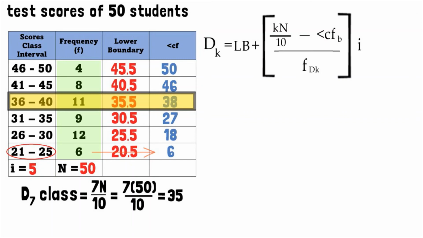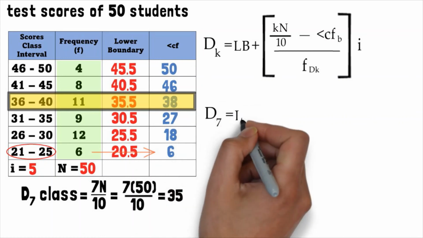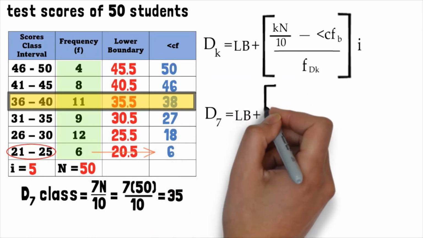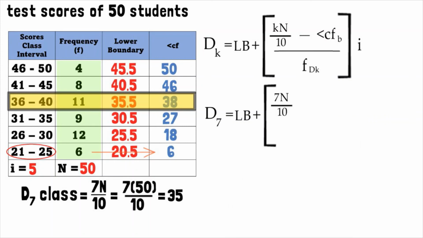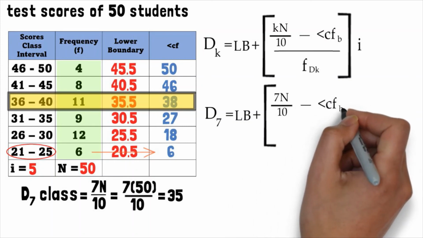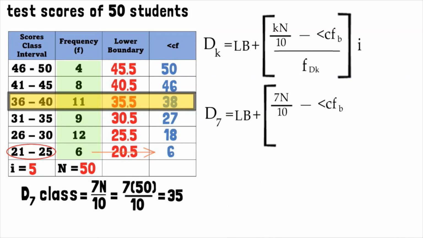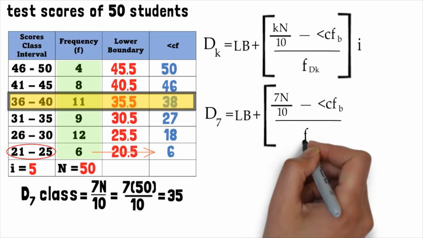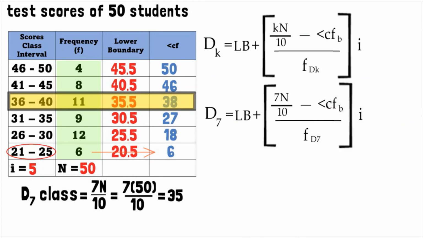Since we are looking for the D sub 7, we will use the formula D sub 7 is equal to LB plus the quantity 7 times n divided by 10 minus the cumulative frequency below the D sub 7 class divided by the frequency of the D sub 7 class times the interval.